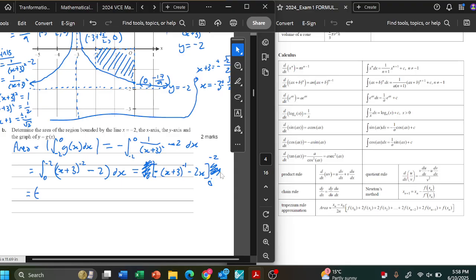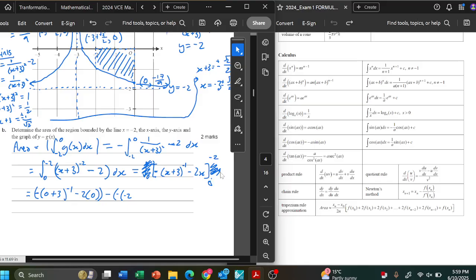We have negative of (0 plus 3) to the power of -1 minus 2 times 0, minus... so it's a double negative here. Minus negative (x plus 3) to the -1 minus 2x. Sorry, forgot to do the substitution.